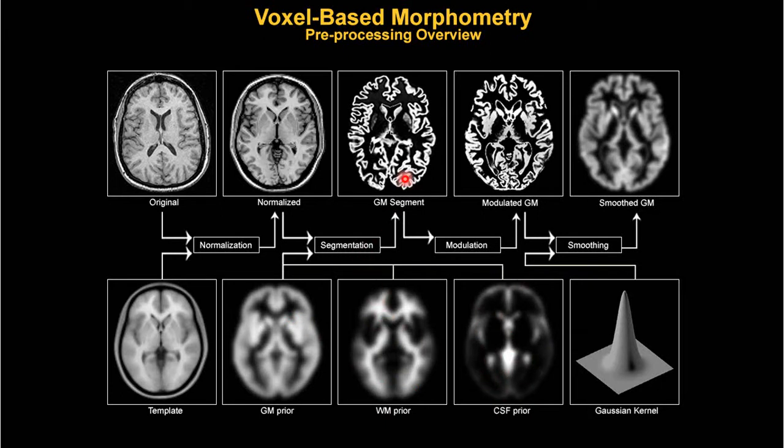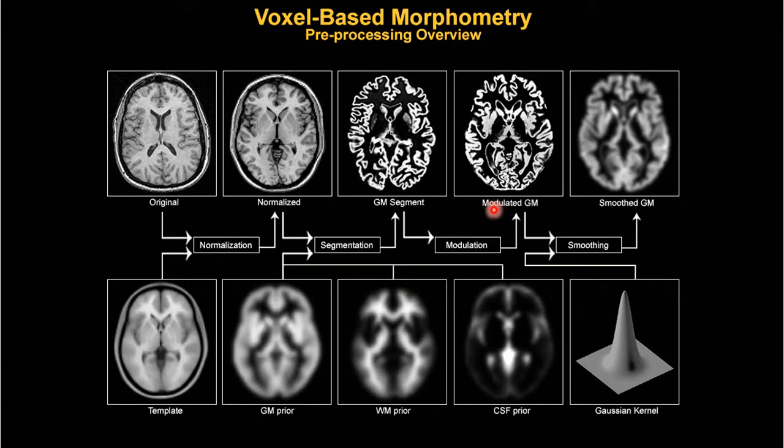And after this, you do segmentation of your original image. Then the segmented image, which is binary. 1 means it's a tissue, 0 means there is no tissue like this. Then you do modulation.